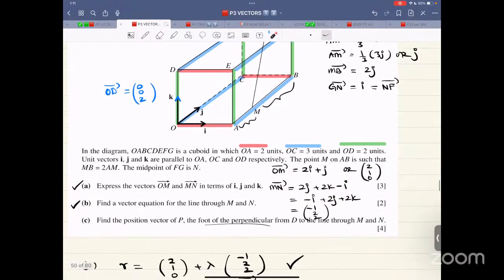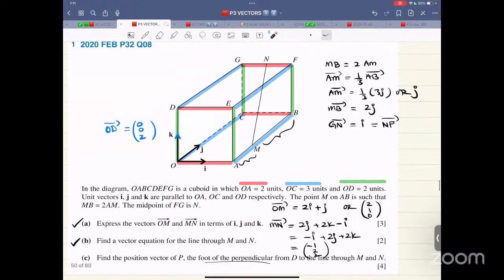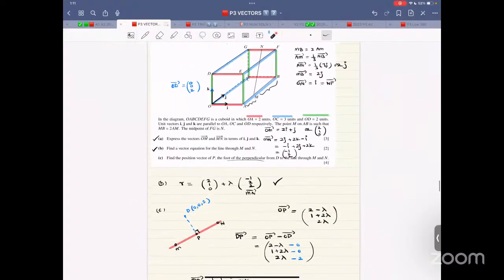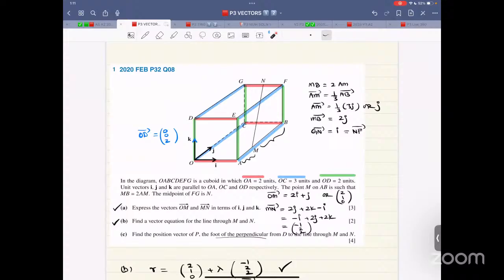So now, once this thing is done, it says find the vector equation for the line through M and N, and then you can solve this thing. Just have a good look over here. Let me just minimize this thing, so that you can have a look.